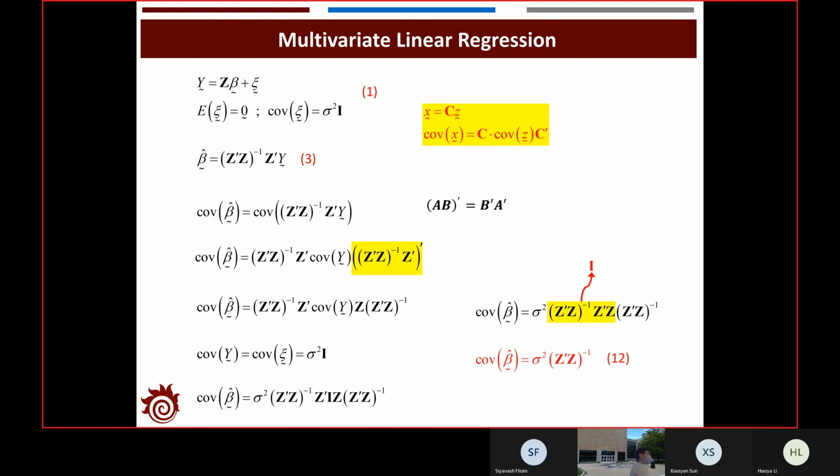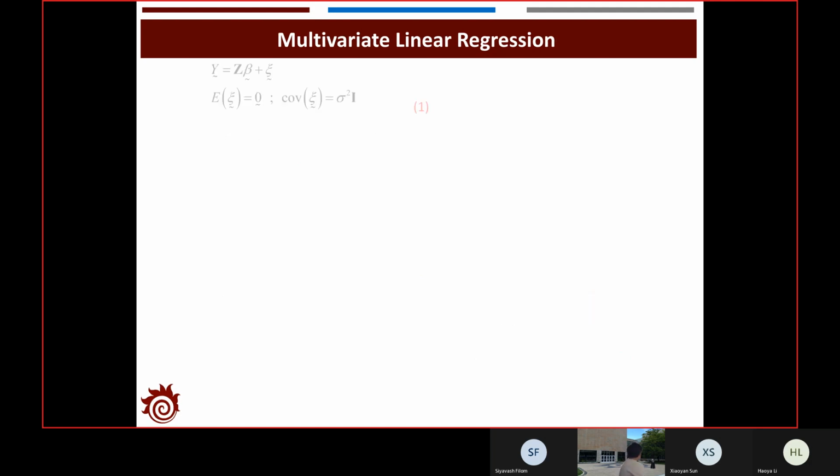And that's another equation we derived to represent the properties of the linear regression. And of course, we can continue exploring the properties of other variables, like the covariance of the residual. Let's go see.